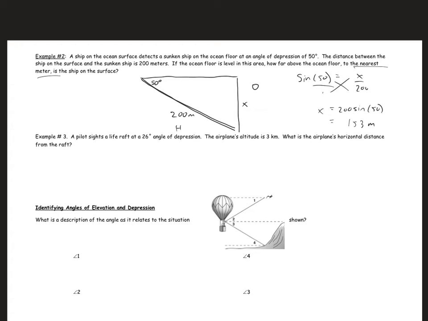Looking at example number 3, it says a pilot sights a life raft at a 26-degree angle of depression. If I was in a plane, that would be my horizontal line of sight. He has to look down to see the life raft out here in the ocean at a 26-degree angle of depression. The airplane is 3 kilometers above the ocean.